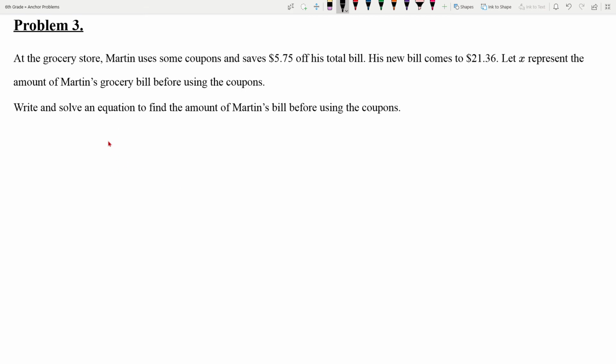So before we put the numbers in, basically I hear that we have a bill, before coupons. And then we're subtracting away the coupons, and we get the new bill.